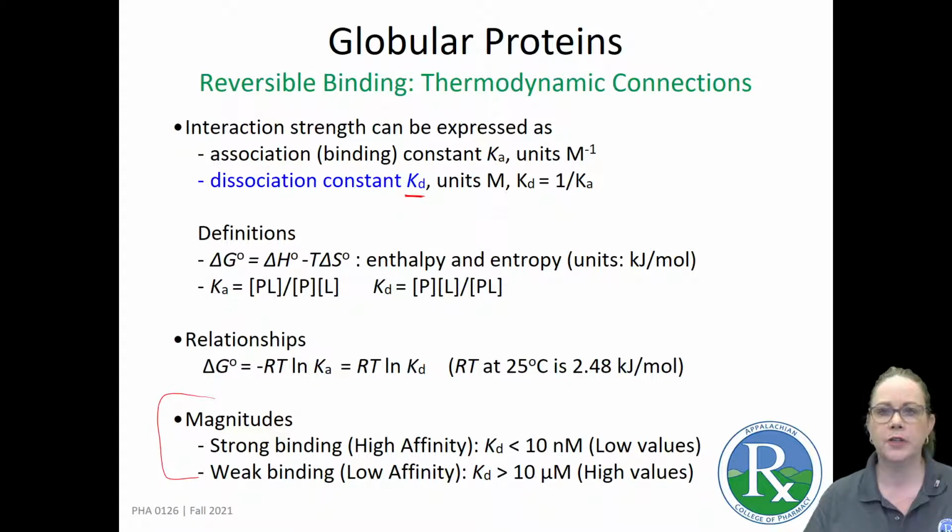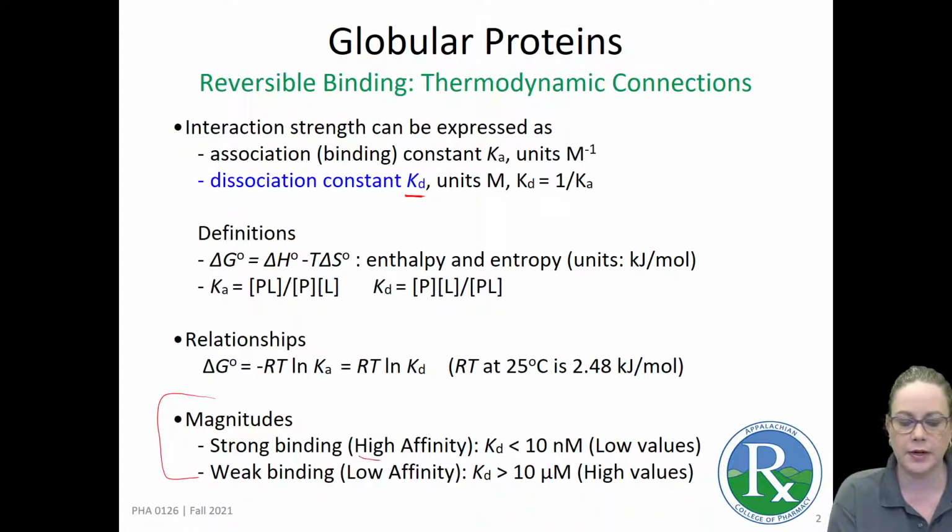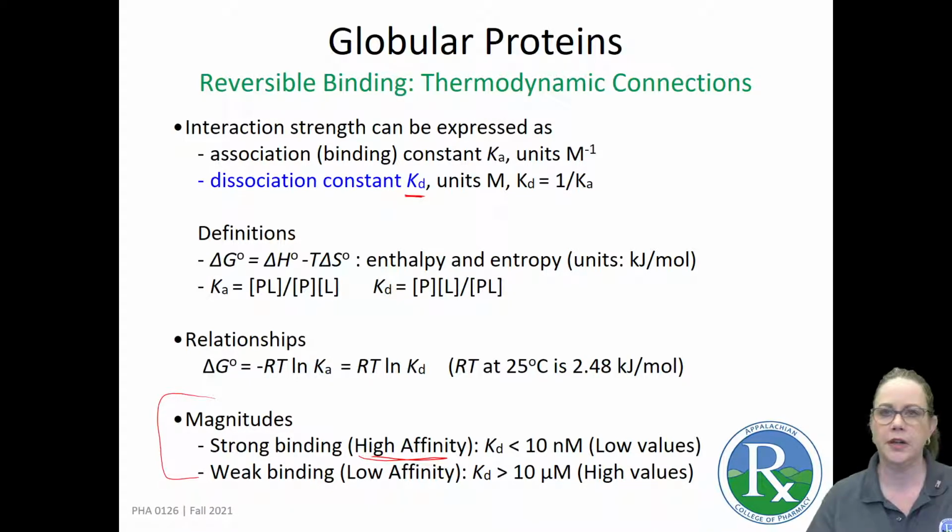So for something to have strong binding, when we use that term strong binding, we're talking about something that has a ligand that has high affinity for our protein we're working with. These values are typically in the low nanomolar range, or maybe even lower than that. So the actual numerical values are small or low.